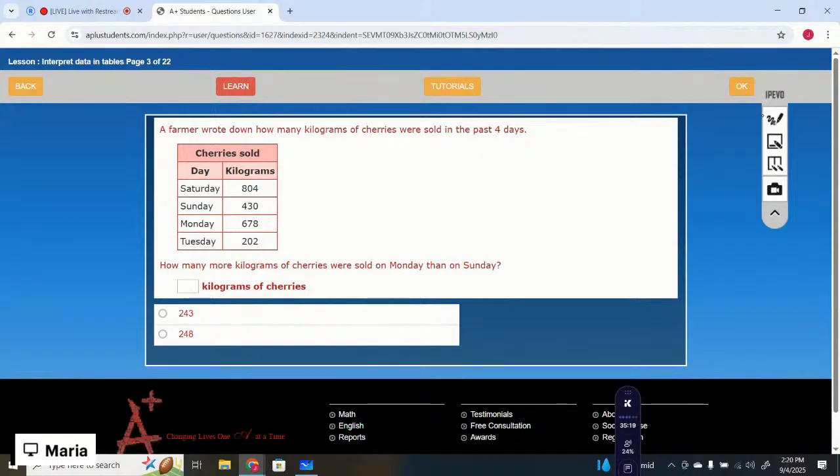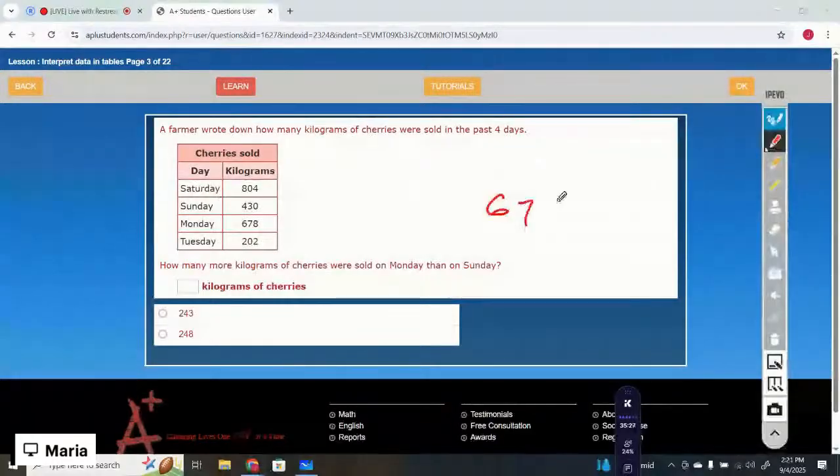On Monday, 678 kilograms of cherries were sold, and on Sunday 430. So we need to subtract to see how much more was sold on Monday than on Sunday.